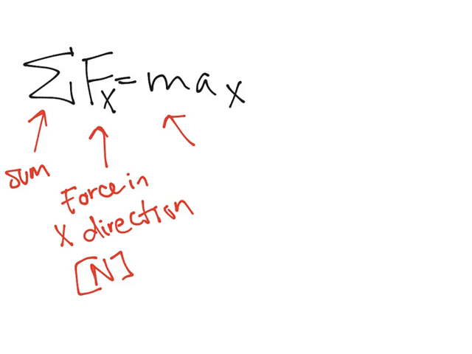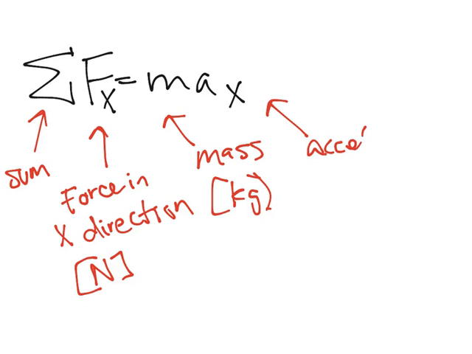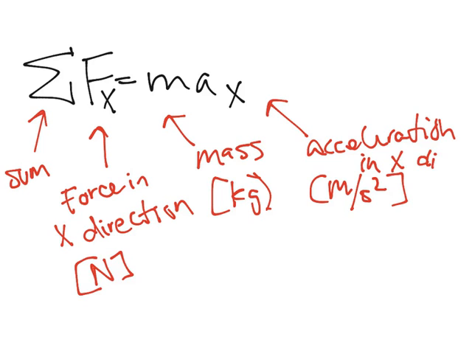Then we have mass, which has no direction. It's a scalar, which is in kilograms. Then we have acceleration in meters per second squared, and this is only in the x direction.